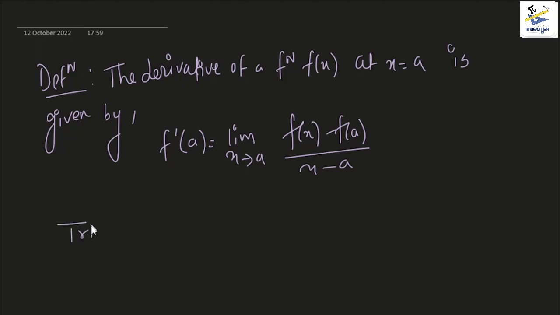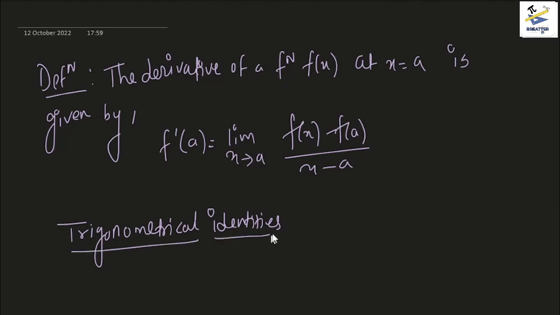So trigonometrical identities are a great way to start off this list of chapters. So the derivatives which we are going to find are sin x and cos x. So let us begin with one of them.